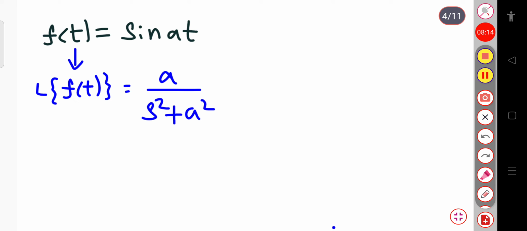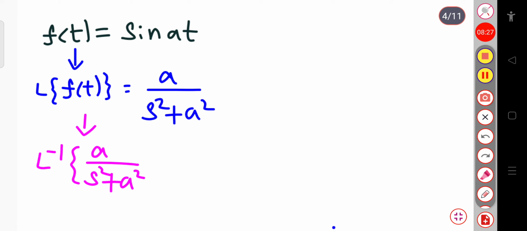And again, if I take the Laplace inverse of a divided by s square plus a square, this will give the original function, that is sine at. Is that clear?